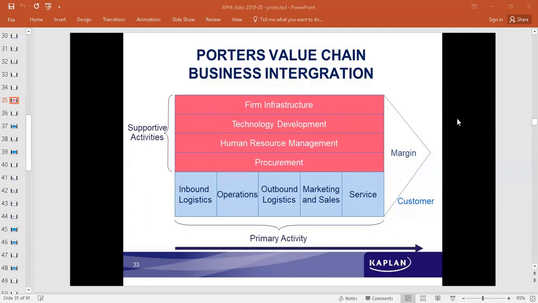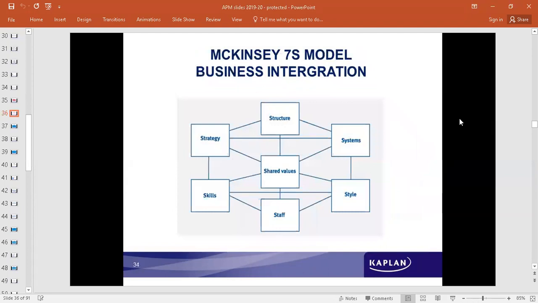Then the same thing is also explained by McKinsey. McKinsey has explained this model by using 7S: strategy, structure, systems, then skills, shared values, style, and staff. The 7S can again be divided into two parts.